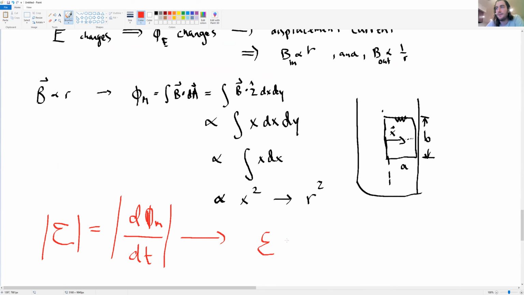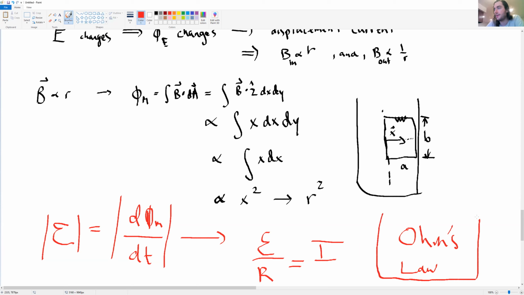And then the EMF divided by the resistance is going to give the current. That's Ohm's law, right? Remember Ohm's law? You better remember it because it's likely going to show up on the exam in some form. So Ohm's law there in combination with Faraday's law.